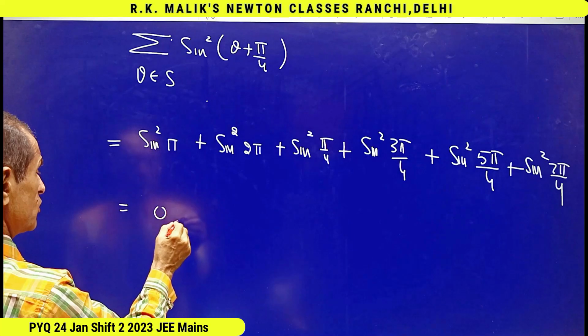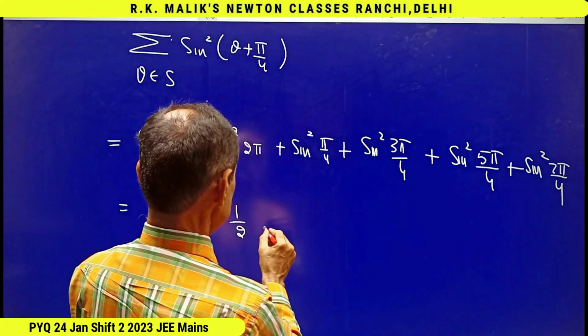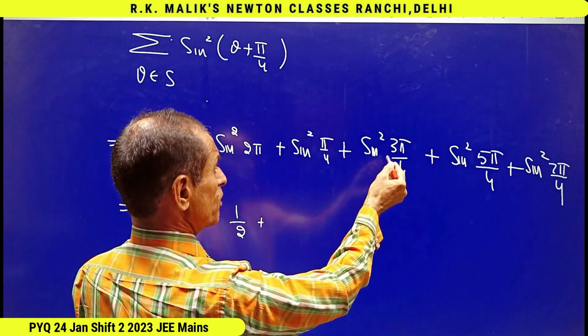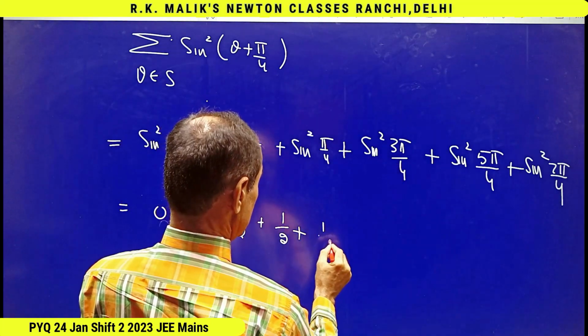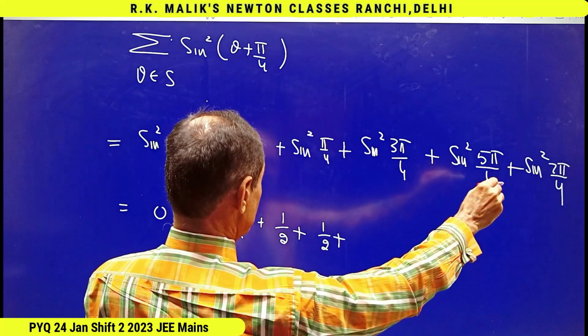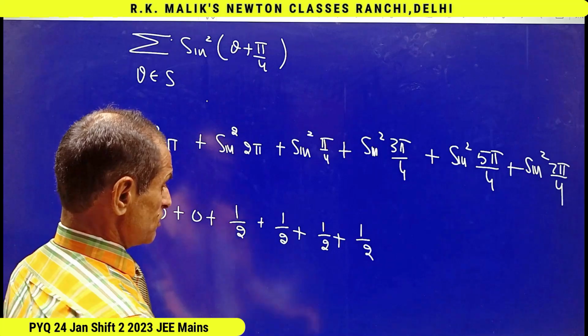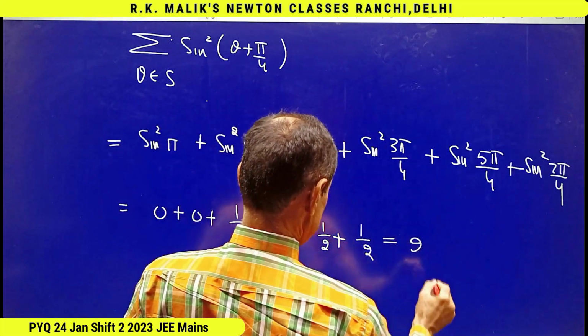Clearly it is 0, 0, 1 by 2. Sine of 3 pi by 4 is again 1 by root 2 whole square, therefore 1 by 2. And this also minus 1 by root 2 square, that is 1 by 2. That is, the answer is 2.